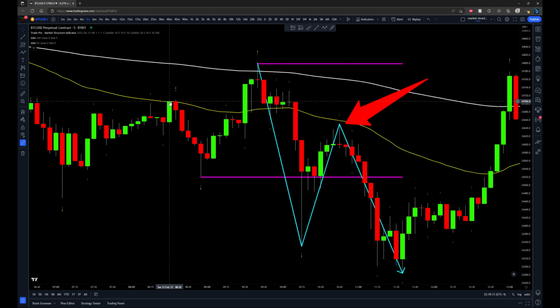So rule number 3 is looking for an intermediate market structure break in your trend's favor once those first 2 conditions are met. Intermediate term structure is shown by the Trade Pro Market Structure Indicator as a yellow and green arrow below or above the candles.